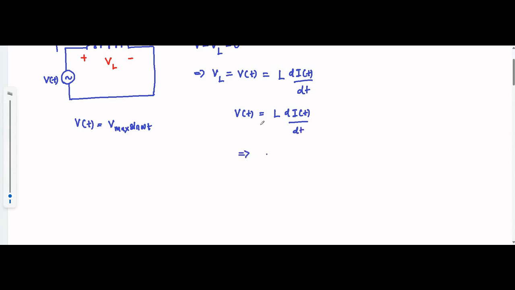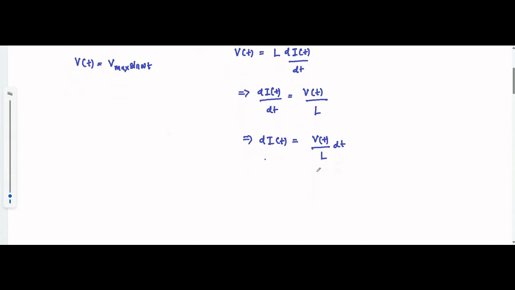That implies diT by dt is equal to VT by L. That implies diT is equal to VT by L dt. So we can replace VT with Vmax sine omega t.